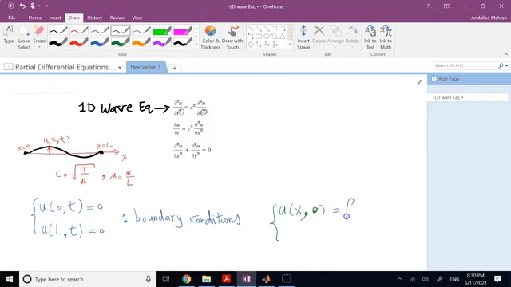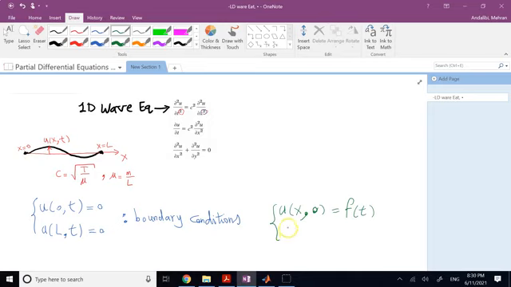So this is like a function f of x. So initially, how would you deform the string? Like when you're playing guitar, how would you pull this string in the beginning, and what kind of function do you give it? Do you give it something like this, or do you lift the whole thing so it is kind of like a half sine function or something?